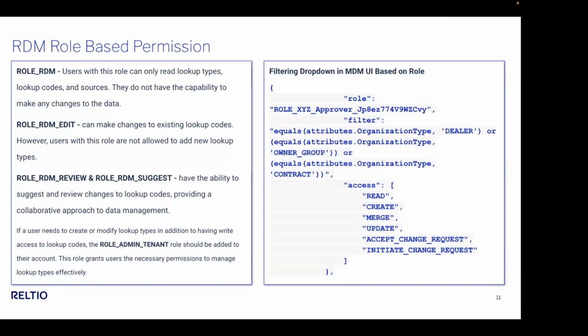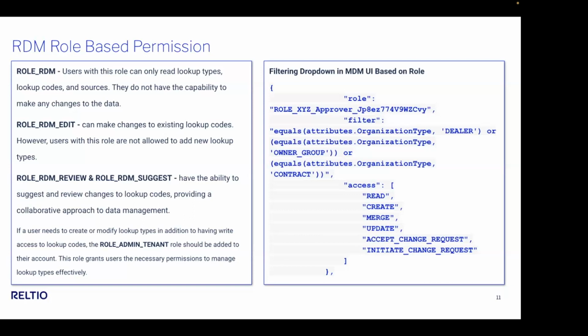So what happens is, role RDM, we all know, is view only. Users can read lookup types and lookup code sources, but they cannot make any changes. Role RDM edit gives you edit access, but this edit access is for existing lookup types. Users with this role are not allowed to add new lookup types.